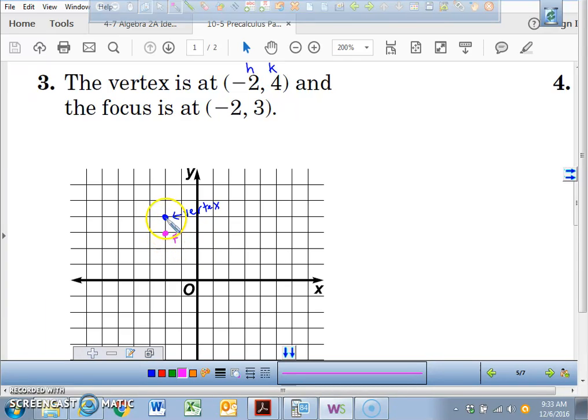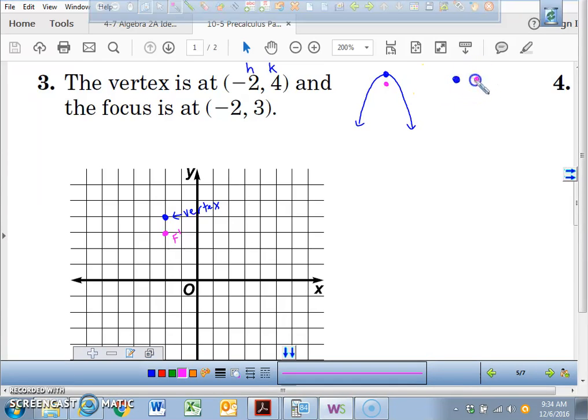If the focus is here and the vertex is here, that lets us know that our parabola will be opening downwards. Because this point right here represents my vertex, and if the focus is located right here in this position, you will open downwards. If it was side to side, you would have a vertex right here, and the focus could either be on this side or this side.